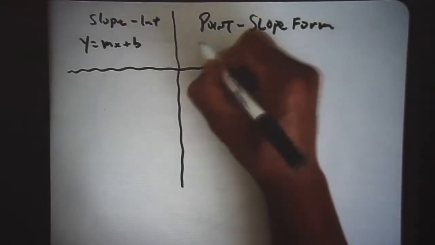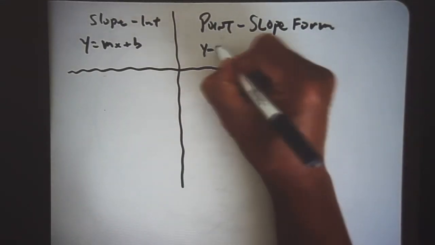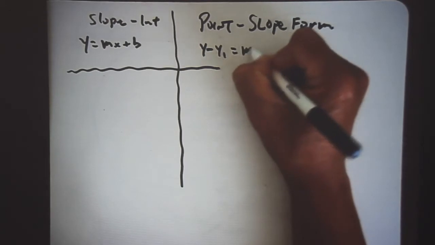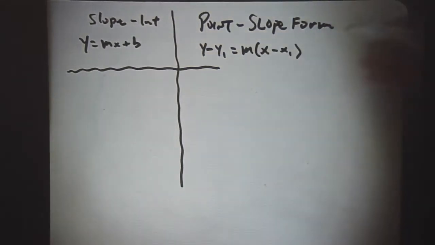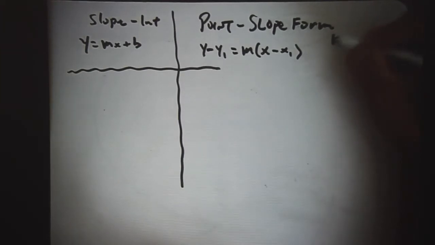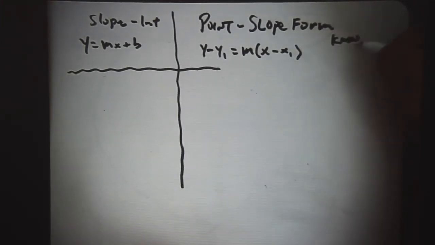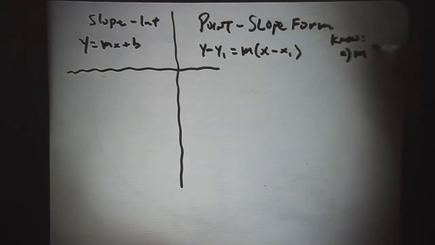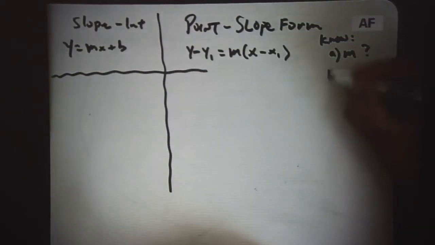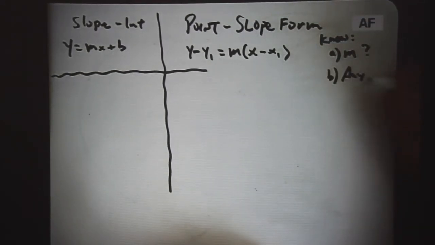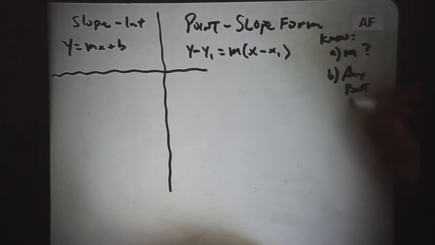Point-slope form is y minus y1 equals m times (x minus x1). Point-slope form. This you must know. You got to know what the slope is of the line, and you've got to know any point (x1, y1).